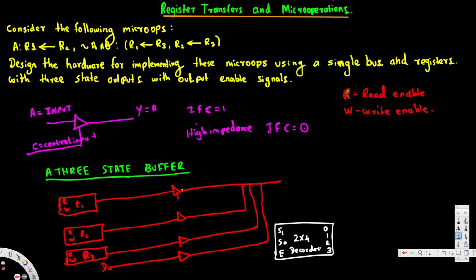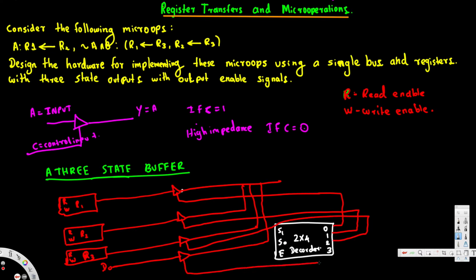Now all of these things, the first one connected to the 0, the second one connected to 1, the third one connected to 2, and the fourth one connected to 3. And for this decoder, the inputs are going to be 2 OR gates. The first OR gate connected to S1, the second OR gate connected to S0, and the enable E connected to enable. E is enable.